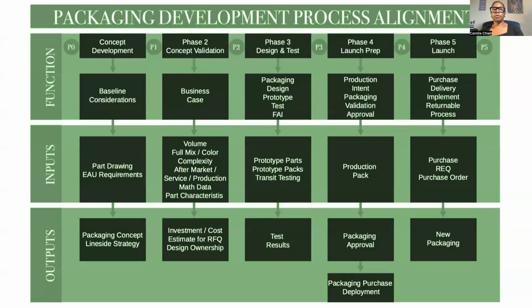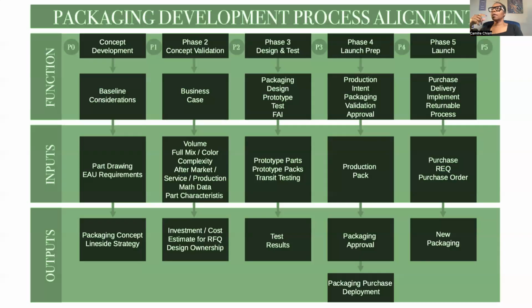Before you spend $100,000 on tooling for an injection molded part, you would have a prototype mold put together, and it's going to look and feel and act a lot like your final production. It's only a mold to make lower quantity. So instead of making thousands or hundreds of thousands, whatever the program requires, you can just make just enough for these test runs.